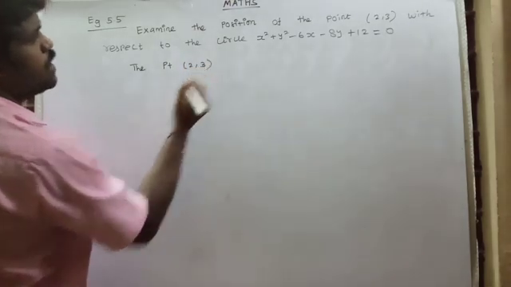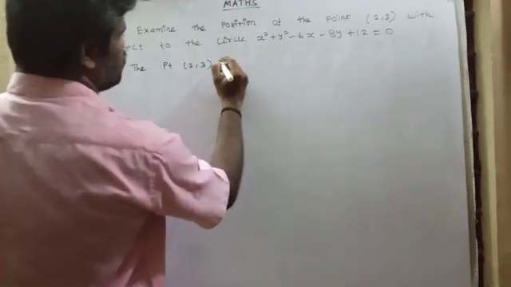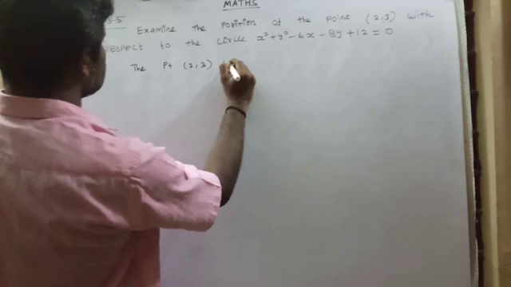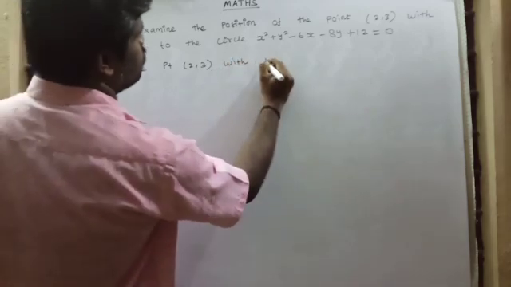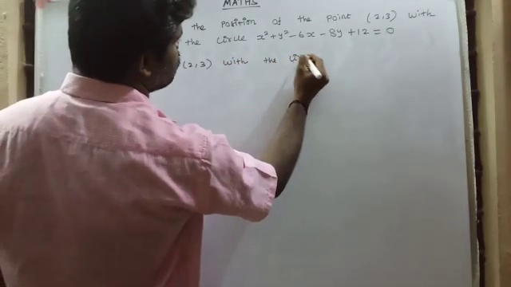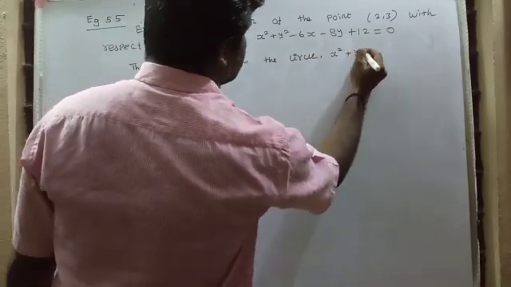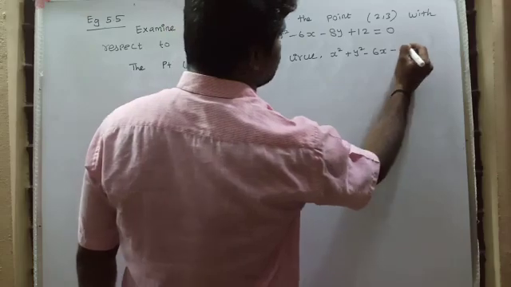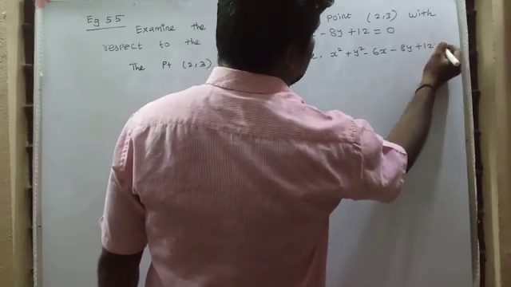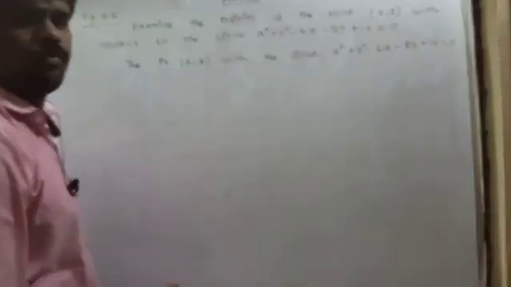2, 3 with the circle x squared plus y squared minus 6x minus 8y plus 12 equal to 0.